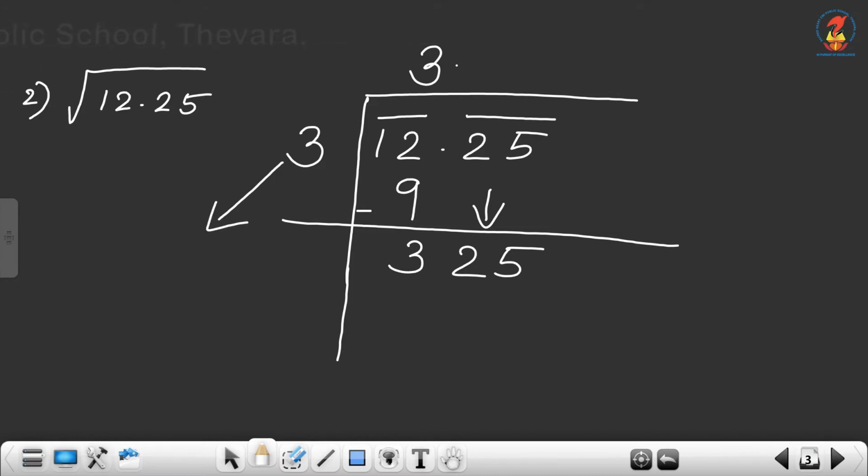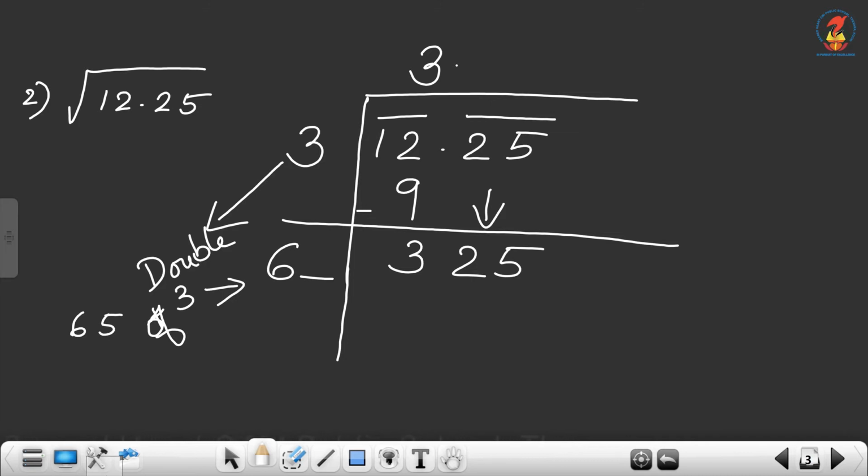Now double the divisor. That means double of 3. So the double of 3 is 6. Write 6 and enter a blank on its right. Now you have to find out a digit. So here the last digit is 5. So which digit will come here? So we can take the new digit as 5.